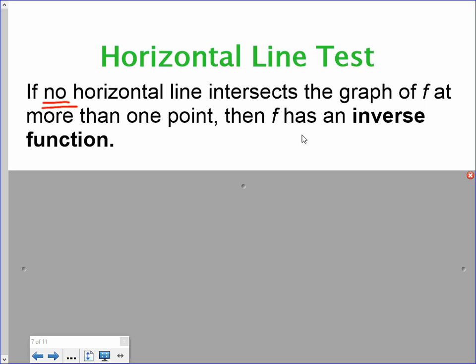It's really the same rule as the vertical line test. But it is worded a little bit funny, so be aware of that. If no horizontal line crosses the graph of f at more than 1 point, then f has an inverse function.